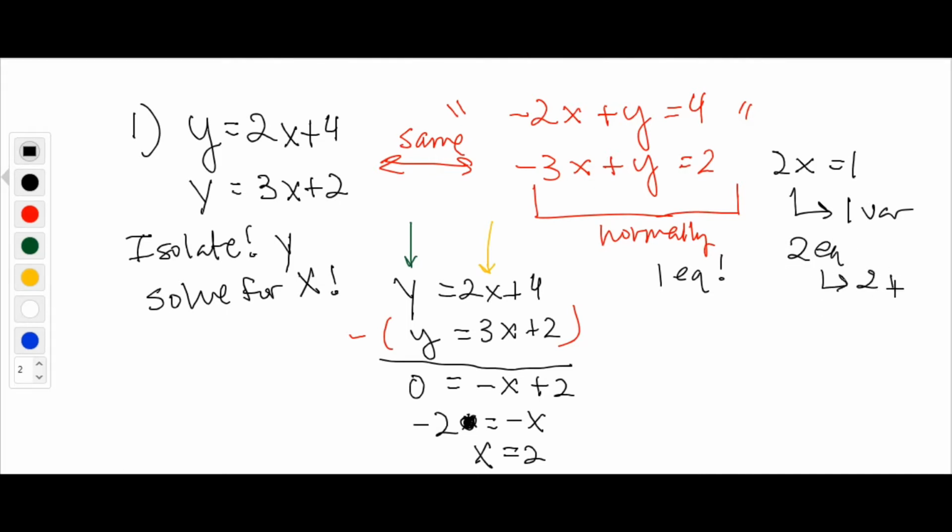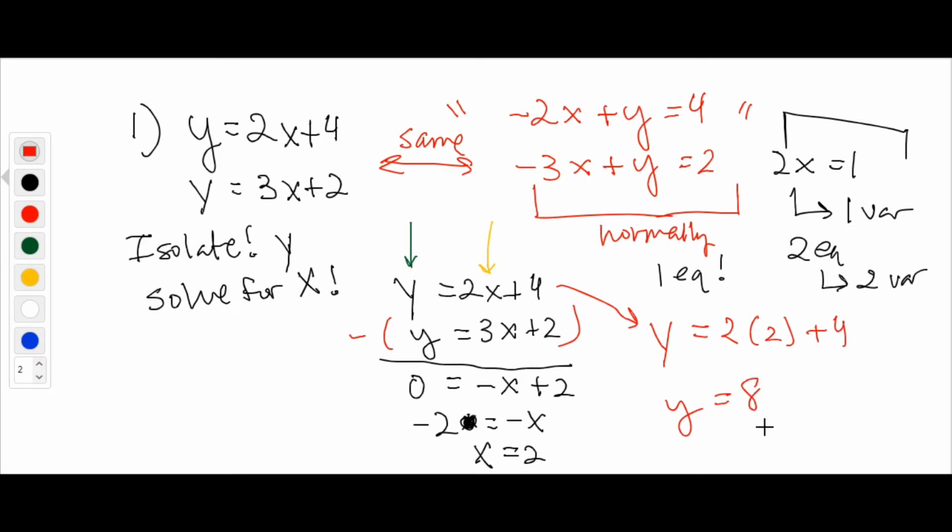I'm going to go into more detail about this and how it works. But in this sense, we just need one equation. So y equals 2 times 2 plus 4. I'm just going to use this equation right here. y equals 8. So the answer is (2, 8) in this coordinate system.